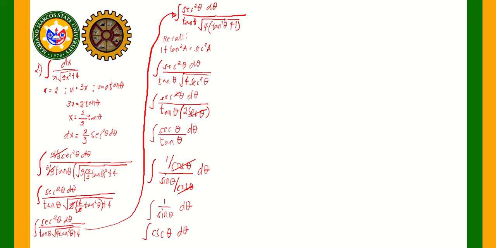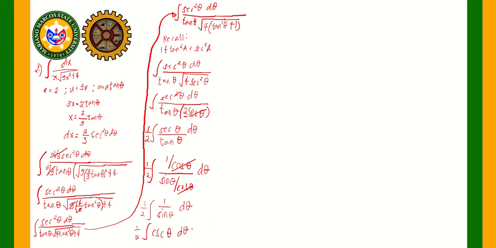Now, what is the integral of cosecant theta? So, looking at your formula sheet, our cosecant theta, oh, I forgot, yung 2 dito. Okay, so ilabas na lang natin dito. Merong dapat 2 dito. So, ilabas na lang natin. Ito siya. Don't forget ha, nakalimutan ko kasi. So, 1/2.